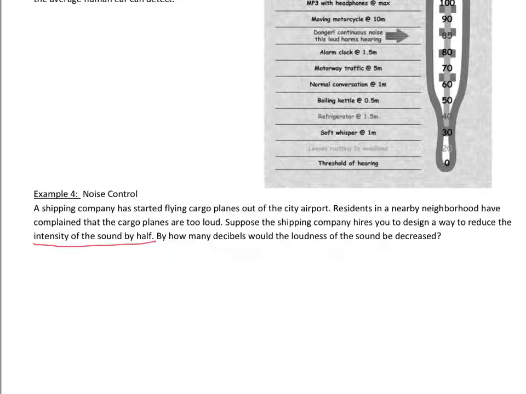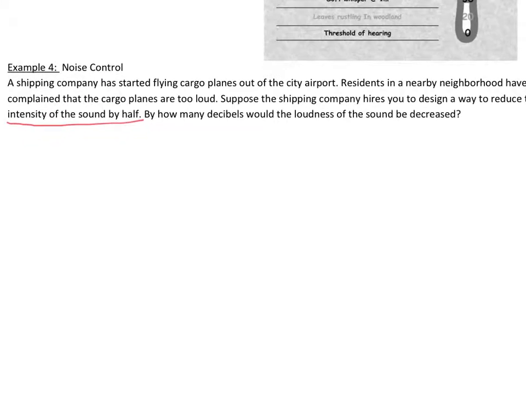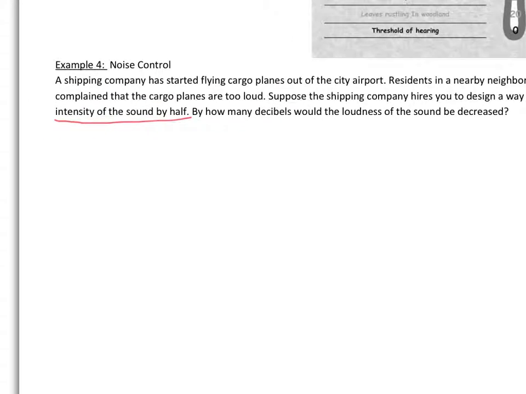Okay, here we go. Let's set up some variables. We'll say that we have two different intensities. Intensity 1 will be our present intensity, so what it is when everyone's complaining.